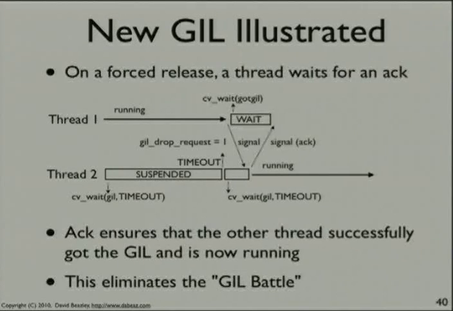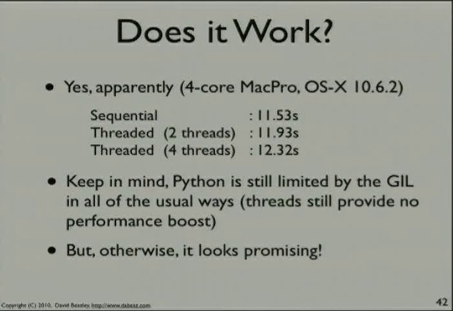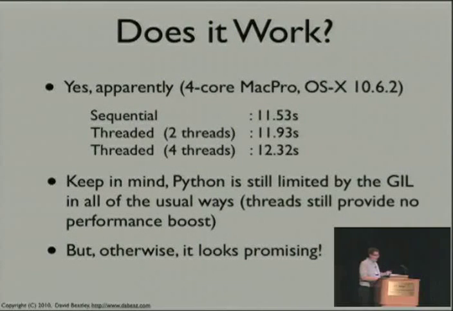The last little bit is that when this thread starts running, there's a signaling mechanism built into it to avoid this GIL warfare that's going on between the cores. So that's what the new GIL is doing, and it actually works. It's pretty cool. You can try it out.